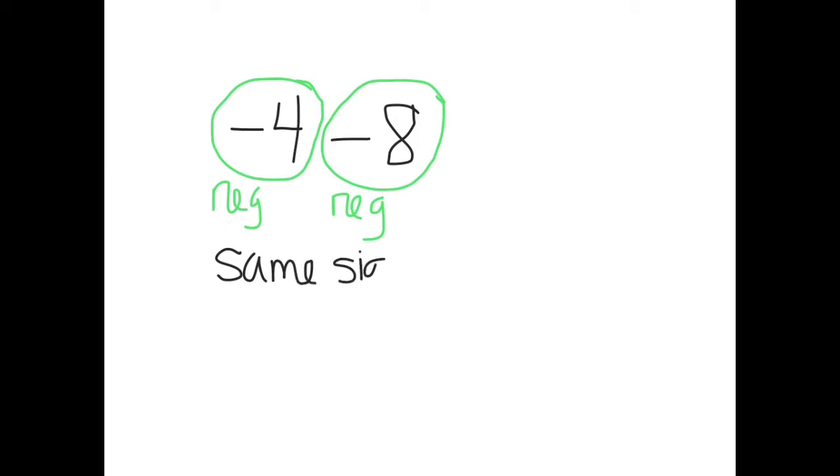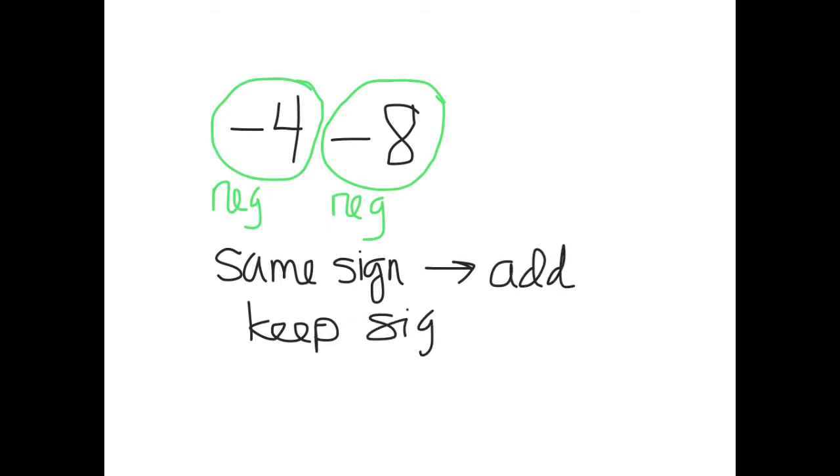When you add integers that have the same sign, the rule is to just add and keep. So we're going to add these two numbers together, and we're going to keep the sign. So what is 8 plus 4? Well, 8 plus 4 is 12, and I'm going to keep the sign, which is negative. So my answer is -12.